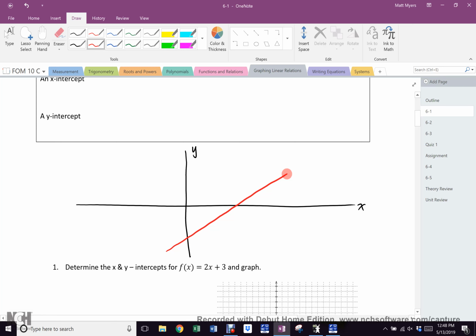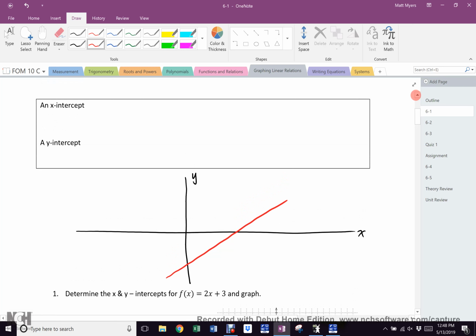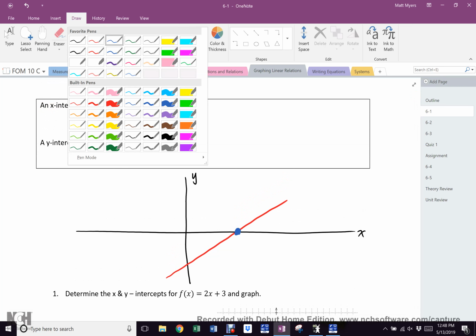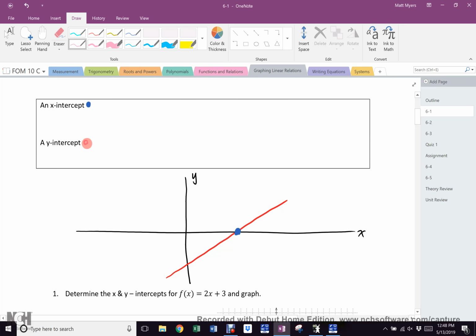Now, with blue ink, I'm going to put a dot on my x-intercept. Which is it? It is this one. Agreed? With pink ink, because I like that it rhymed, I'm going to put a dot on my y-intercept, which is there. Everyone agree? Okay.